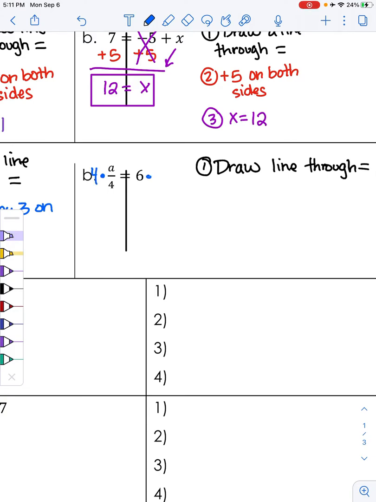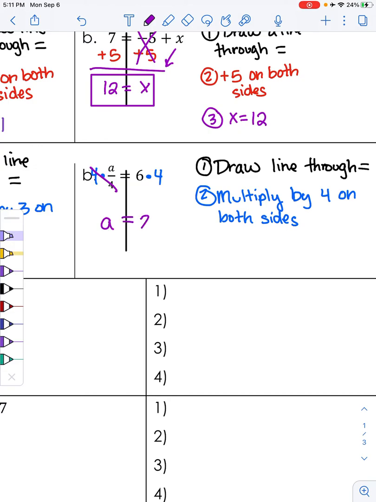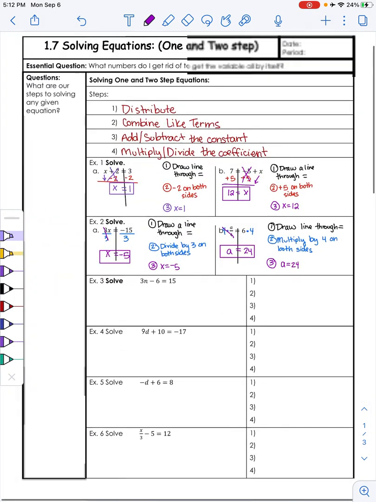The opposite of division is multiplication, so I'm going to multiply both sides by 4. When I multiply by 4, I'm left with a equals 6 times 4, which is 24. So step 3, a equals 24.